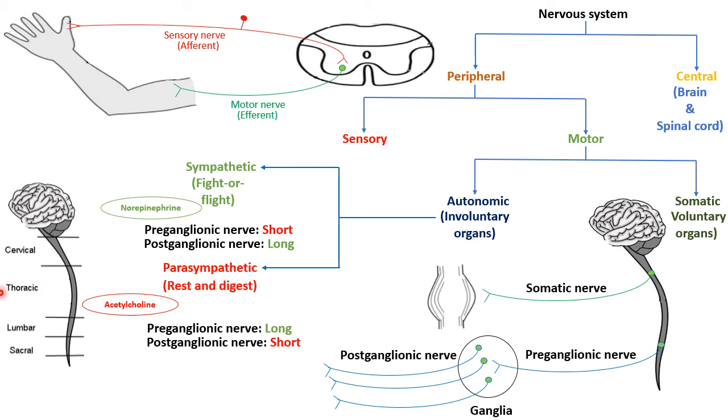So the sympathetic nerves originate from the thoracic and lumbar segments of the spinal cord, from this area. That's why we say that the sympathetic nervous system has a thoracolumbar outflow.